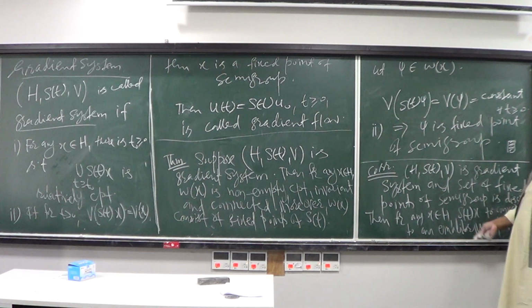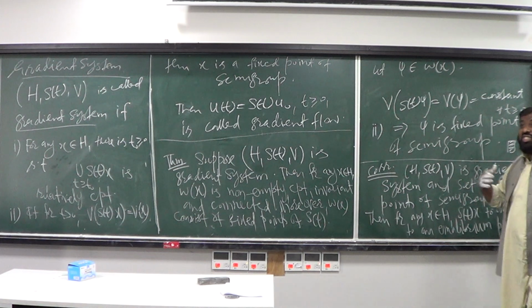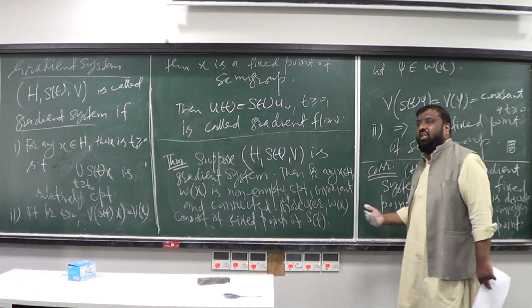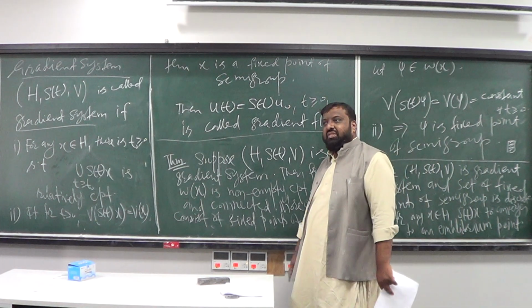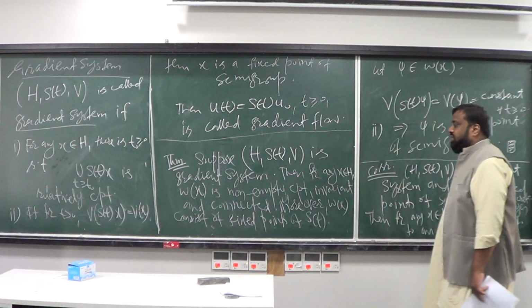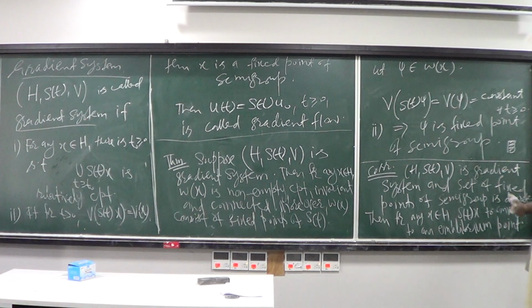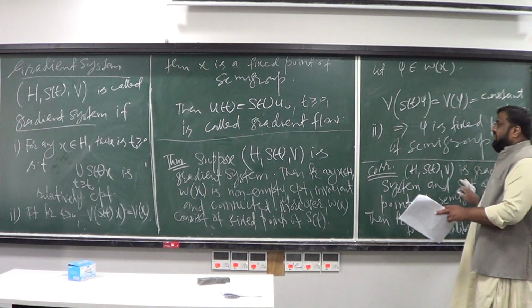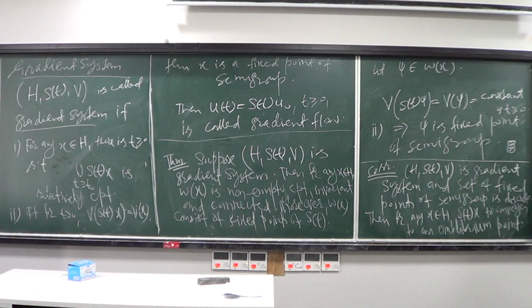And that equilibrium point, as I'm saying again and again, is going to be a fixed point of the semigroup, a stationary solution of your nonlinear evolution equation. Alright, so this is it. These are the two basic results that we need.